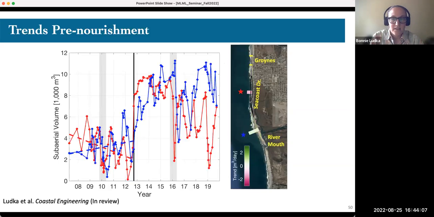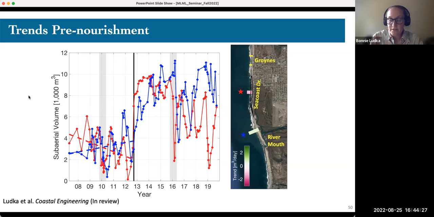Then we also looked at sand volume trends. So before the nourishment, we're just looking at this time period on the left-hand side here. Before the nourishment, we saw that the sand volume in front of Seacoast Drive was eroding. So we see this red shade of our trend line here.